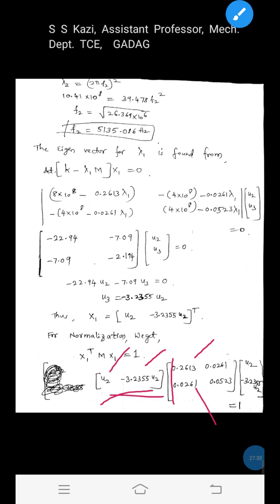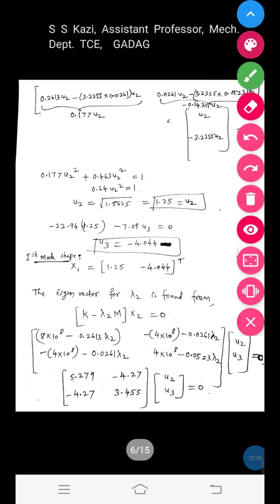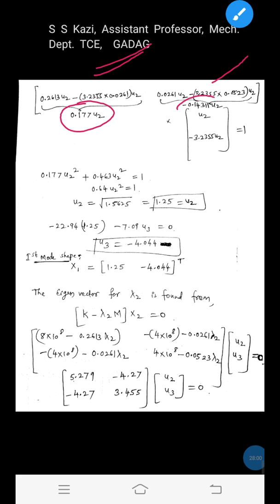Likewise, first row second column: u2 into 0.0261 minus 3.2355 into 0.0523 gives the second term. That is the product of these two matrices. Calculating, the first term is 0.177 u2 and the second term is minus 0.14311 u2.